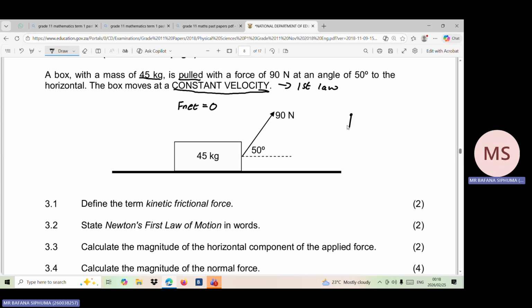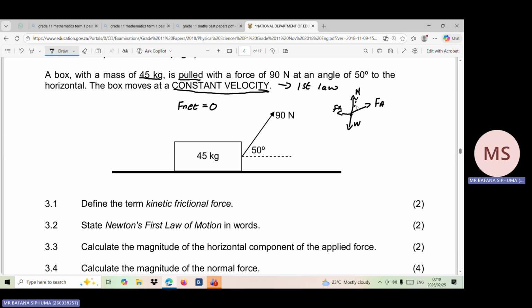Let me draw the free body diagram of this. We have weight, and here we have the normal force, and you also have the applied force at an angle, and then you have kinetic friction right there. I'll write Fk, the normal force, the weight, and this applied force. Because the applied force is at an angle, we'll break it into components.